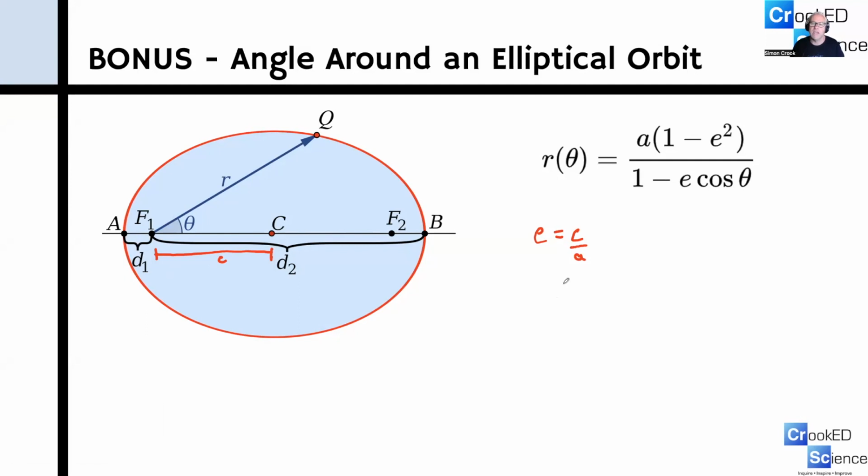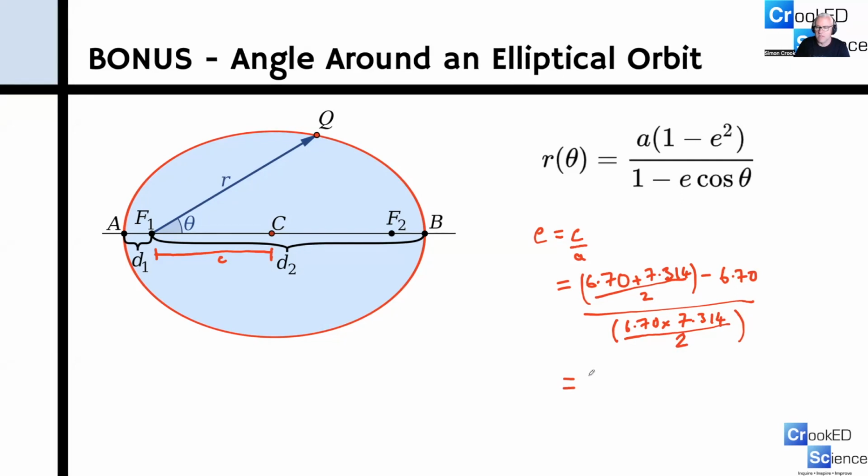So we can work this out as the distance of the semi-major axis minus the distance of the perigee, divided by the distance of the semi-major axis. Now, everything is times 10 to the 6, so we can simplify things, and that comes out as 0.043813.